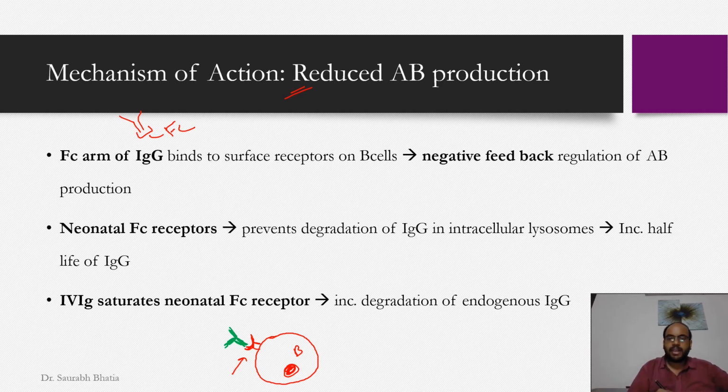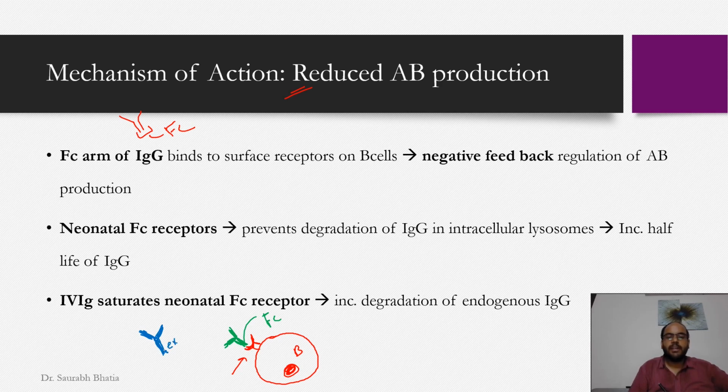So the Fc arm of the immunoglobulin binds to B cell receptors as a negative feedback that you have made a lot of antibodies, now you can stop. What happens when you give a lot of IVIg from outside? You have an exogenous IVIg.